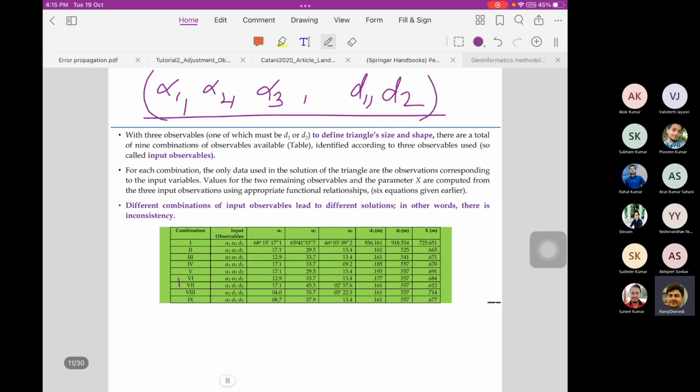In the case of adjustment, you only go for adjustment if there is an inconsistency. If there is no inconsistency, that means your data is free from error, or you are working in an ideal environment. That's not always the case.